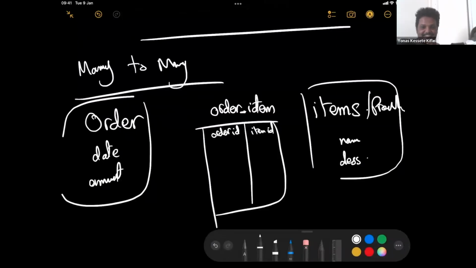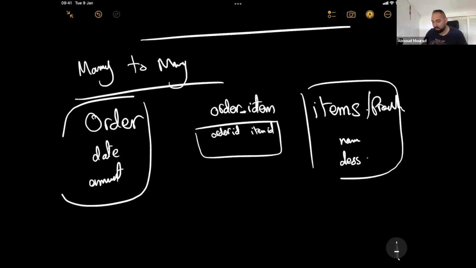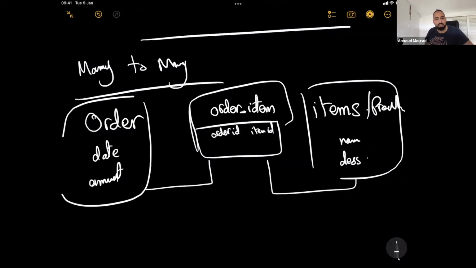So it's going to be a table in between, and this table carries both IDs: the ID of order and the ID of items. As a diagram, the relationship between the order and the combined table is one-to-many, and also this one is supposed to be one-to-many. And then we have many-to-many.